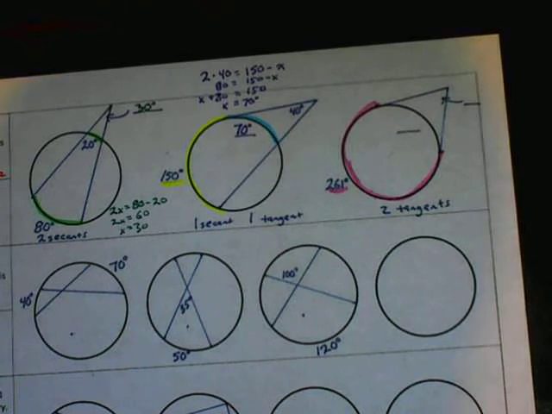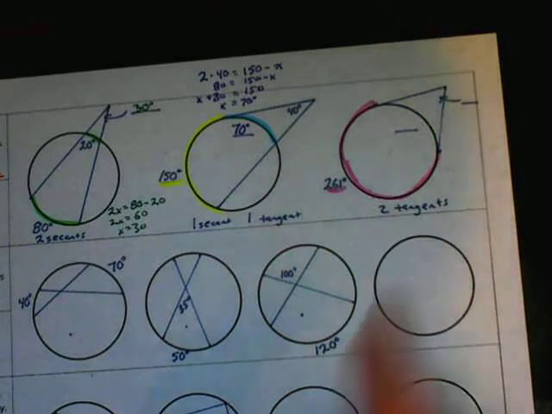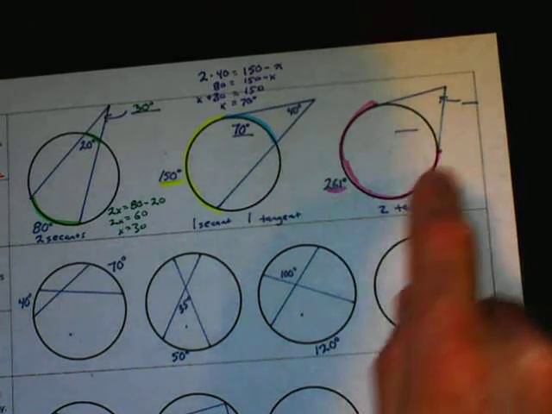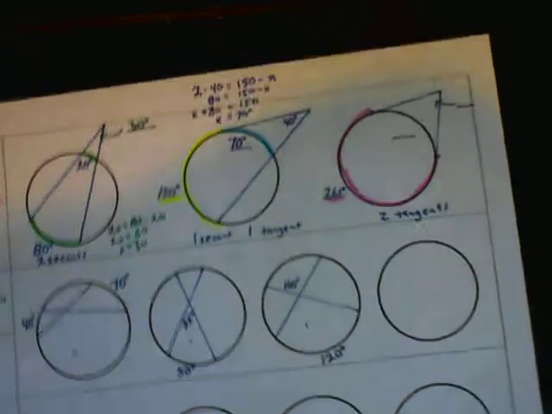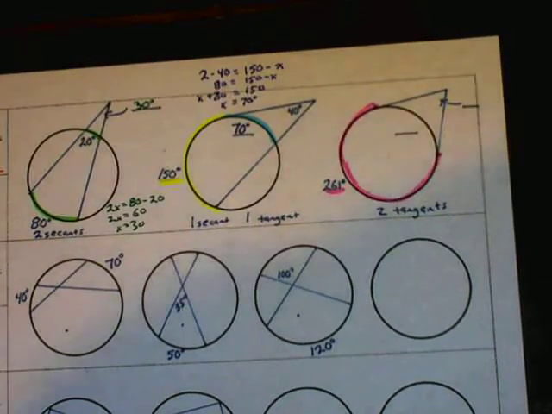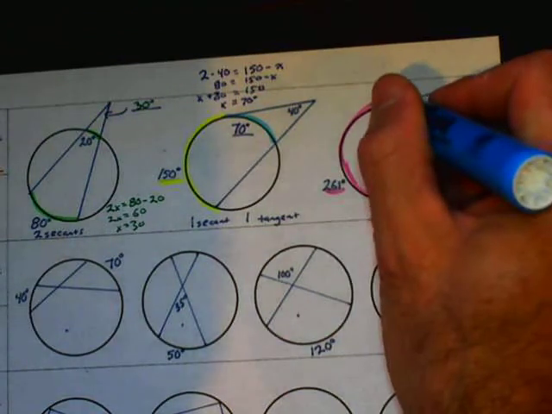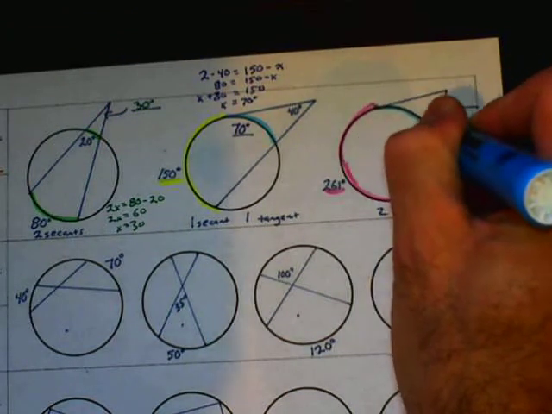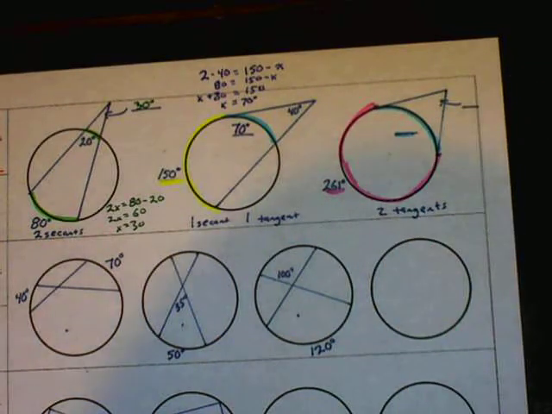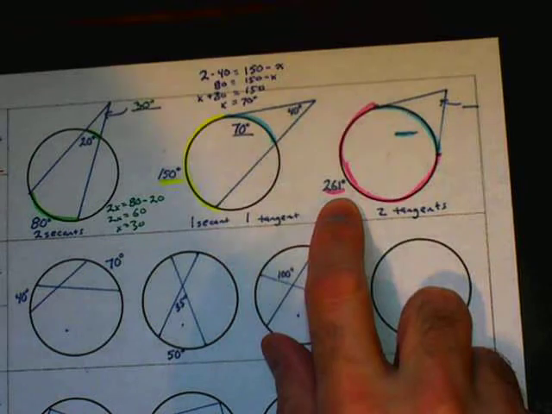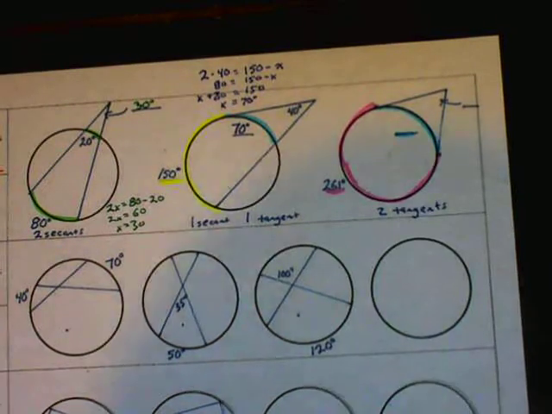Well, before we get started, can we solve for one of these two? Well, the pink is the 261, and we're looking for this blue arc that I'm going to highlight in blue. Well, if that's 261, that's got to be 99 because this all has to add up to 360.